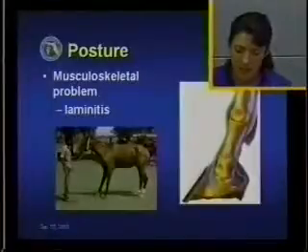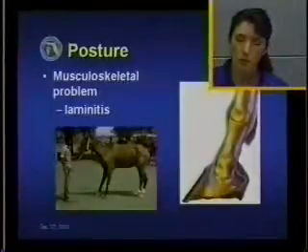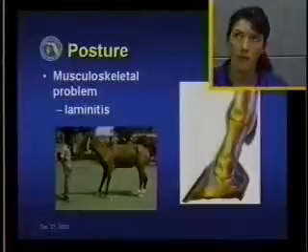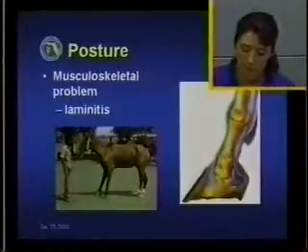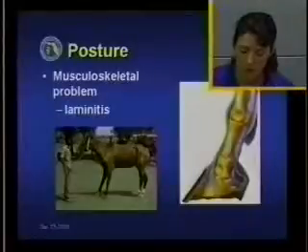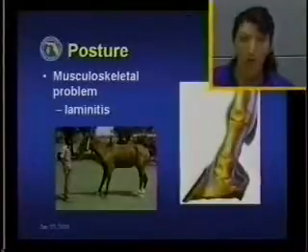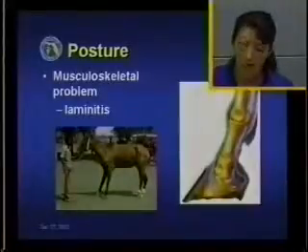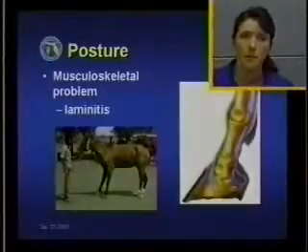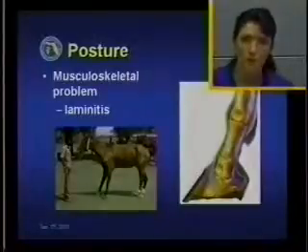Also, in some cases, the solar surface, the underside of the hoof capsule, can become more prominent due to the bulge caused by the bony column pushing on the solar surface.